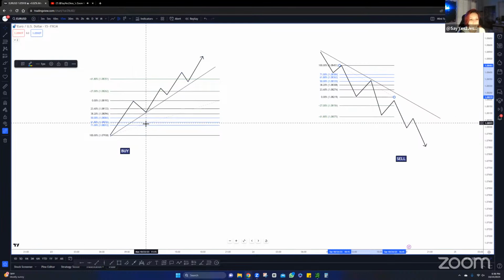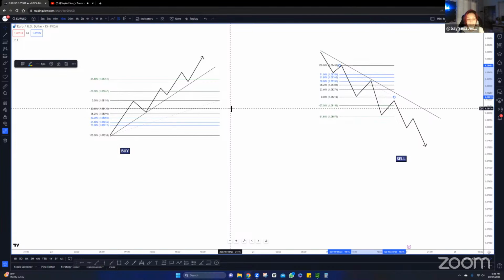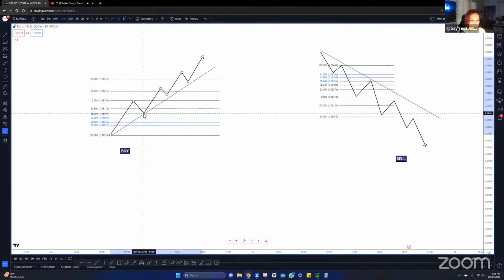Now, the deeper the retracement, the longer it takes for you to get that nice big push up or that impulse up and down. One of the nicest levels, in my opinion, I don't use it often, but it does happen, and when I see it, I get excited, is the 38.20. Anytime the 38.20 is respected, there usually is a very strong impulse.